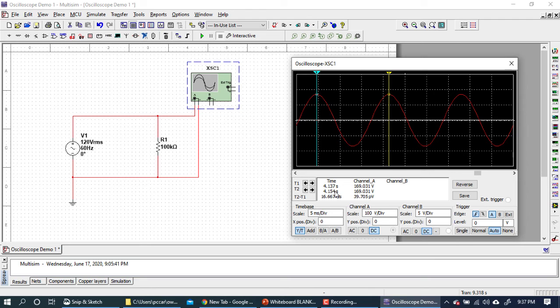What we're most interested in is not that, so don't let that confuse you. That's just showing the absolute time at those two spots. What we're interested in is the difference between these two cursors, the time between the two cursors. And notice that that is 16.667 milliseconds. Again, that is capital T. That's the period of this waveform.